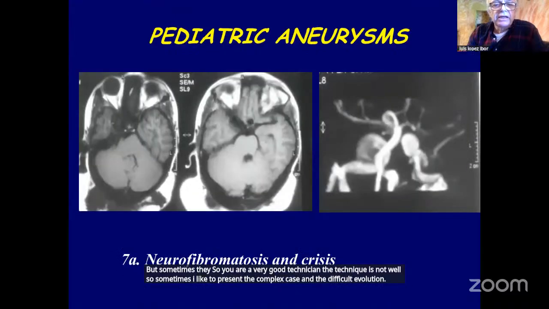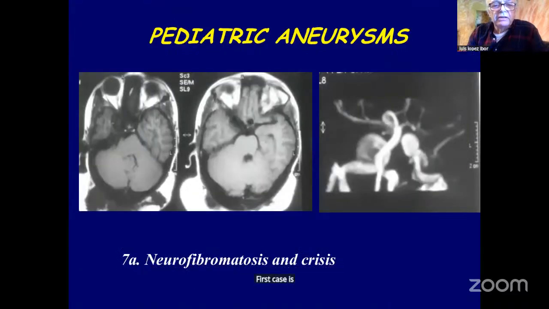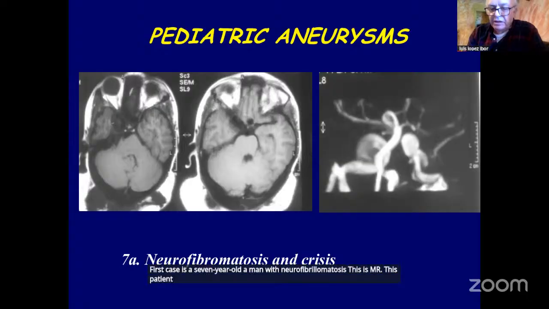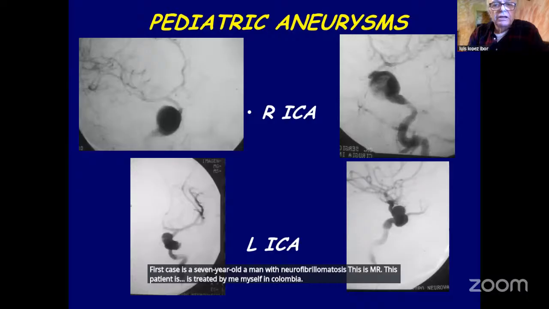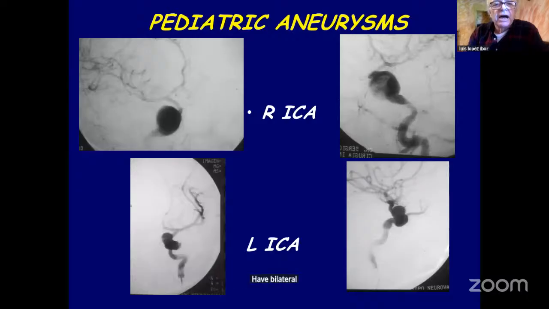First case is a 7-year-old man with neurofibromatosis. This is MR. This patient was treated by myself in Colombia, and has bilateral aneurysms and a dysplastic aneurysm with Recklinghausen disease.